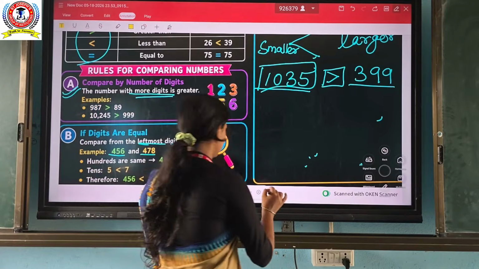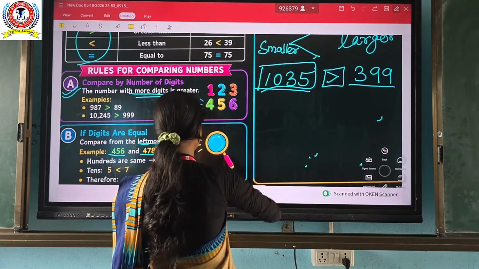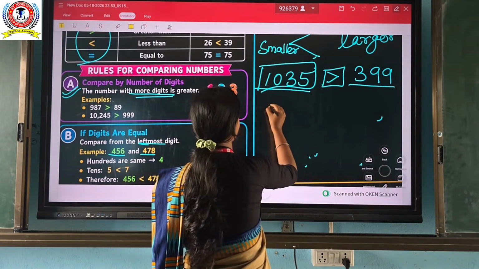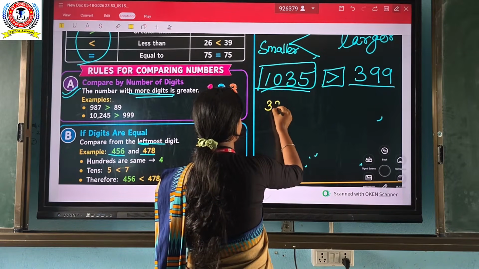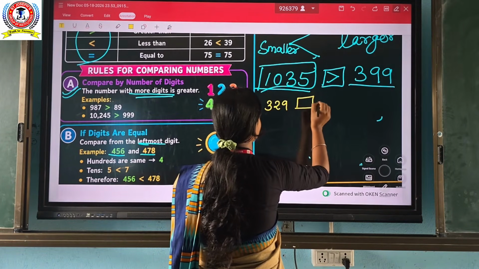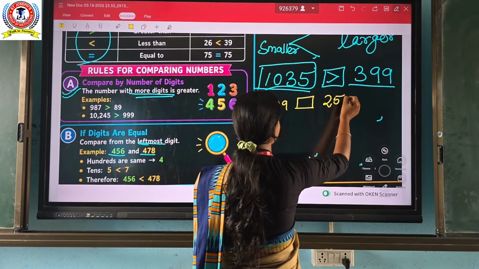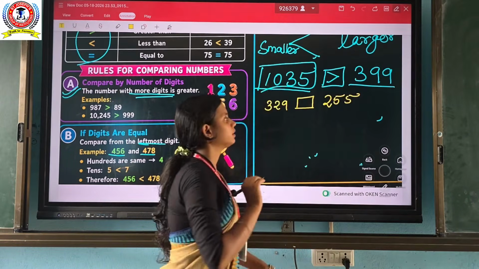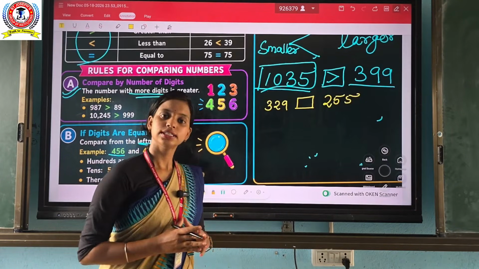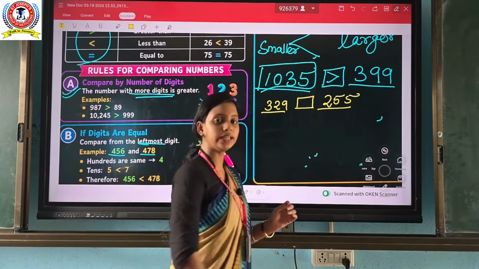Let's take an example: 329 with 255. These two numbers have the same number of digits, meaning this is a 3-digit number and this is also a 3-digit number.